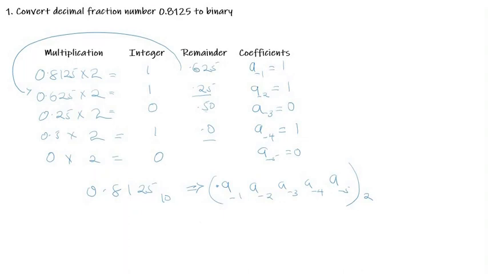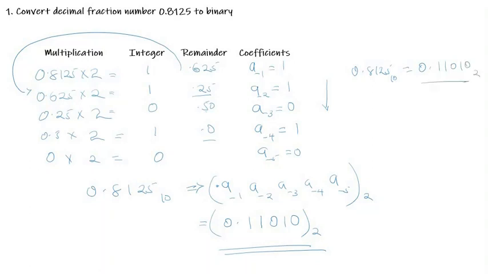So this will be given as 0.11010 to base 2. Alternatively, we can write the answer in a top-down order in this manner. Therefore, we can easily say that the number 0.8125, starting from a minus 1 in that order, is going to be 0.11010 to base 2.